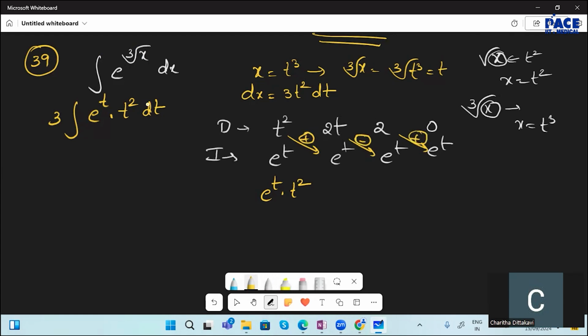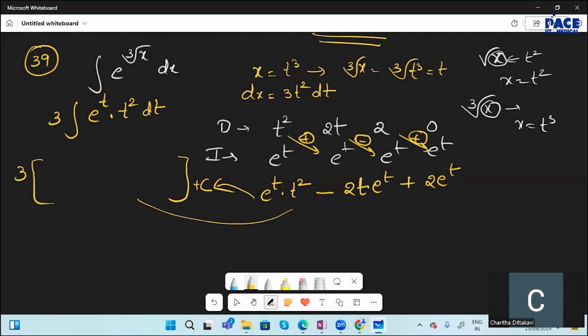Alternate positives and negatives is what I consider. e power t into t square is positive, next negative, next positive. Hence it is minus 2t into e power t. Clear? Plus 2 e power t. Just apply all that here in your question and plus C, there ends your answer. Easy.